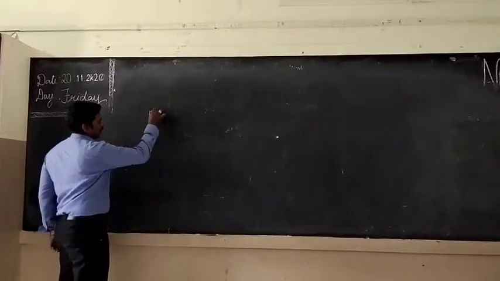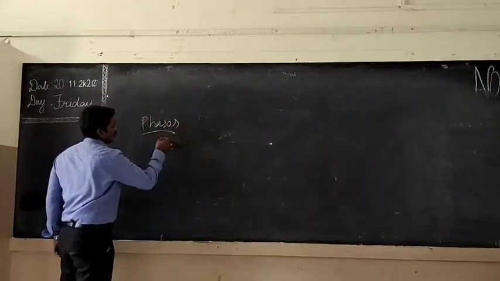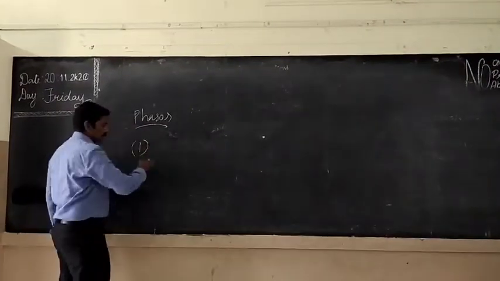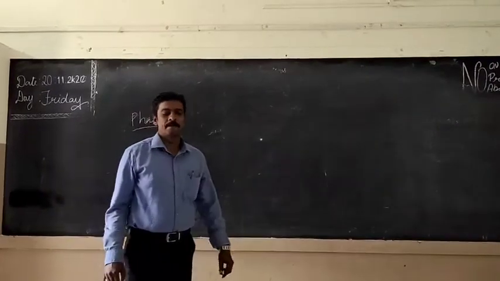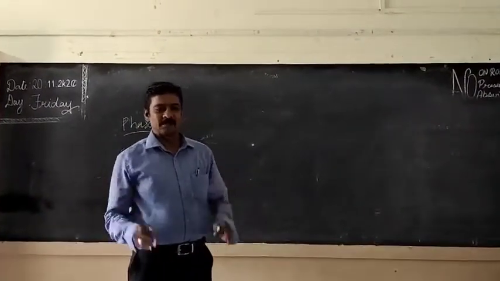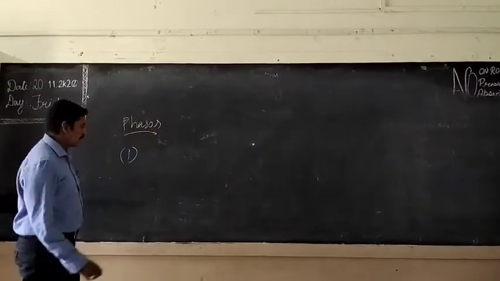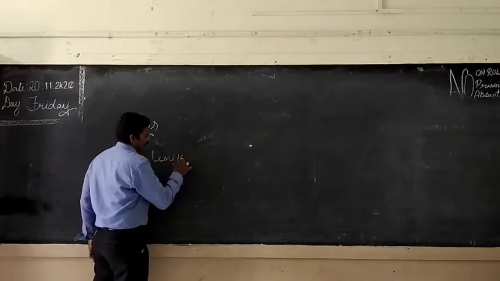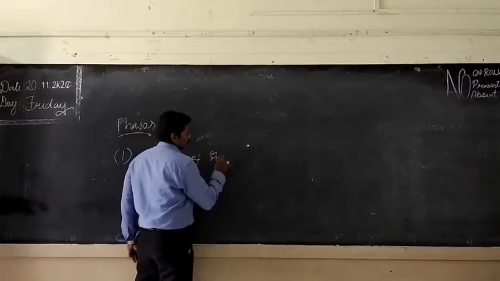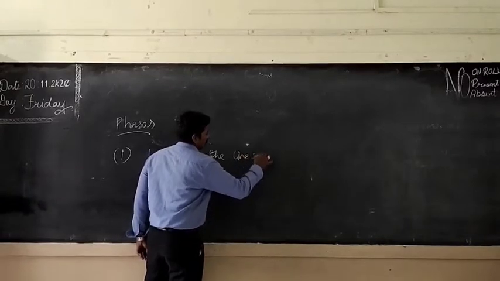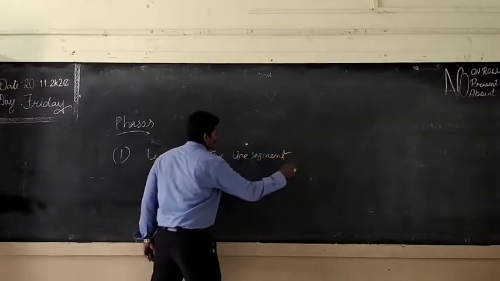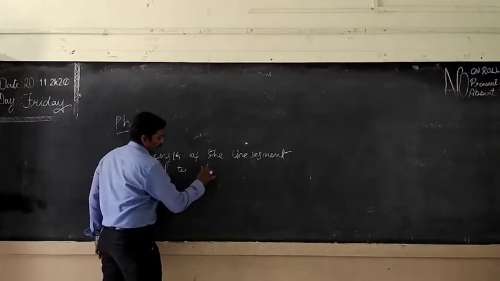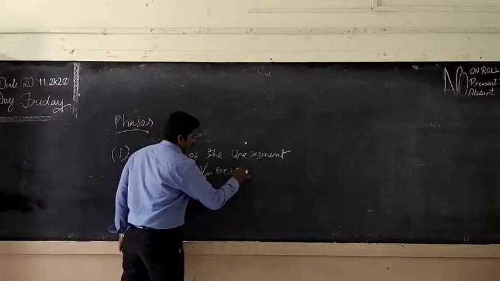How can we draw the phasor? First point, the length of the line segment is equal to Vm or Im.